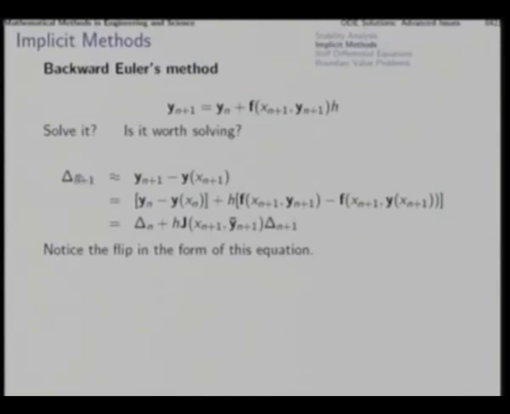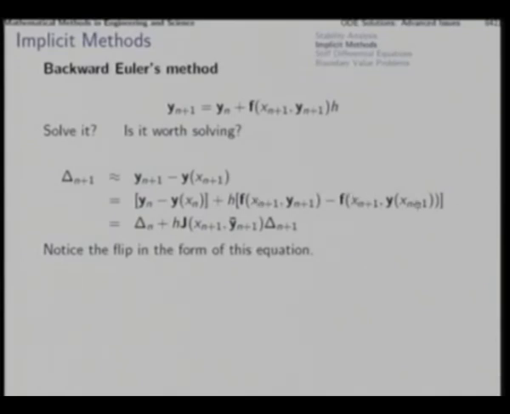What is the discrepancy at x n plus 1 if we use this kind of a formula? That will be y n plus 1 minus the true value. That will be y n minus y x n plus h into the function value, the same equation which we used earlier, except that now this f is evaluated at x n plus 1, y n plus 1 rather than x n, y n.